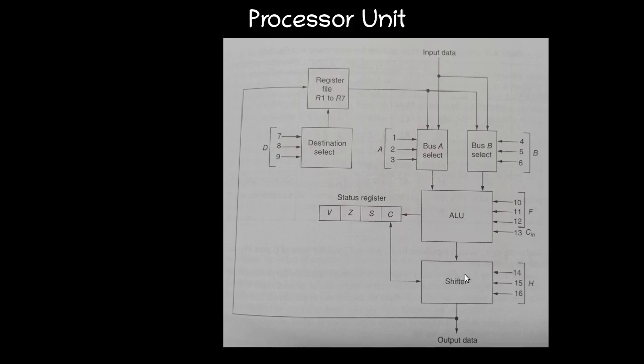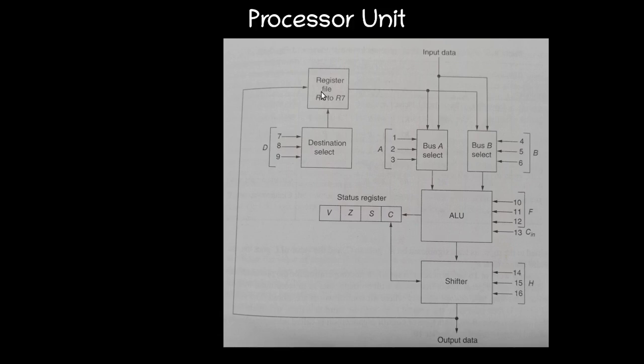Then both this ALU and shifter will update our status register. This is our status register. Based on the result of the ALU operation or shift operation, the content of the status register may change. Then the output data will be available here. That is also connected with the register file as an input to the register file.